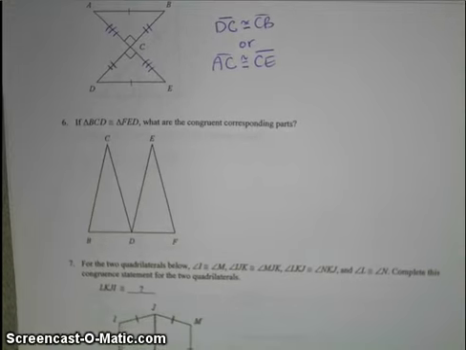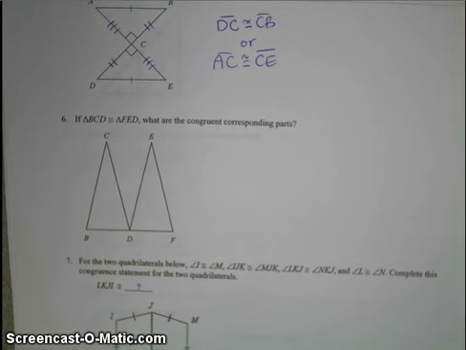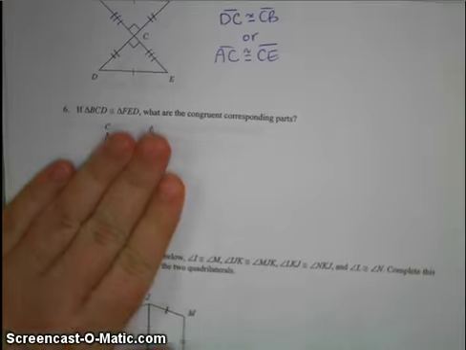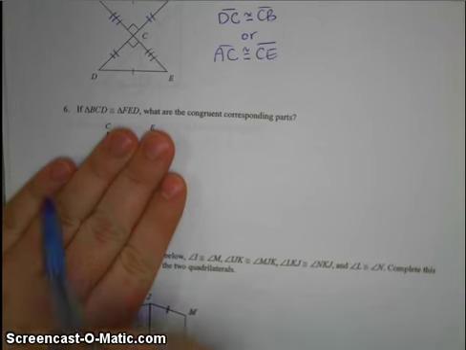Alrighty, number 6. If triangle BCD is congruent to triangle FED, what are the congruent corresponding parts? So hopefully we remember that this congruent statement tells us all that information without even having to look at the picture.